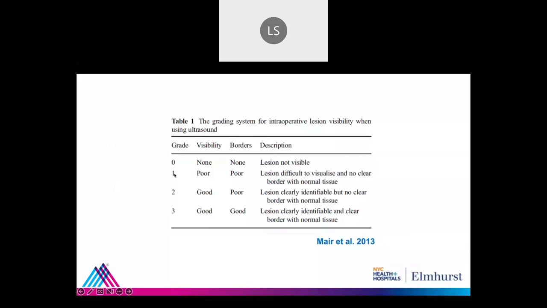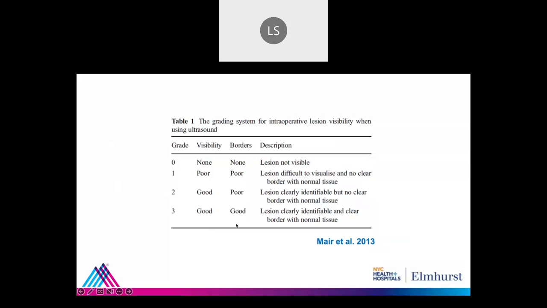It divides the tumor in grade 0, 1, 2, or 3, depending on if the lesion itself is visible, and also if the borders are clearly defined. So you go from grade 0, where the lesion is not visible and you cannot define the borders, to grade 3, where the lesion is well visualized and the borders are well defined.